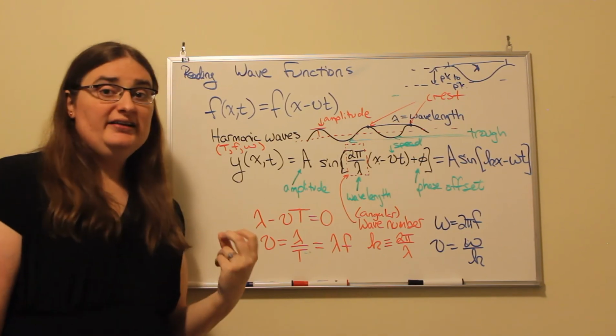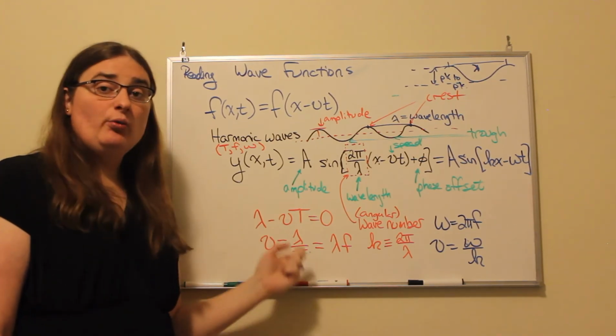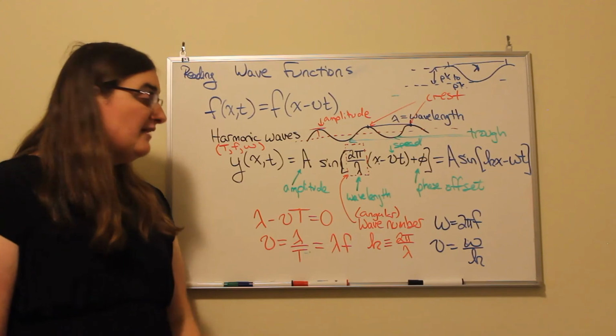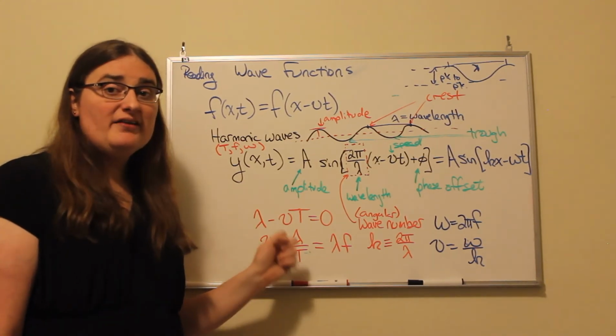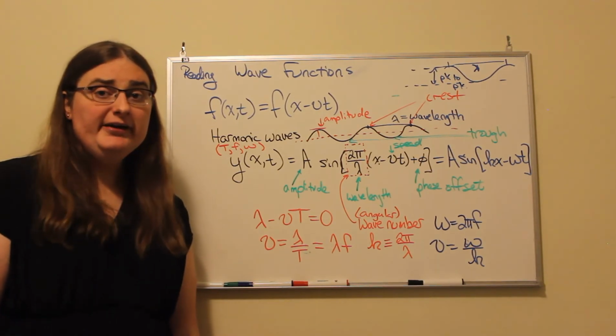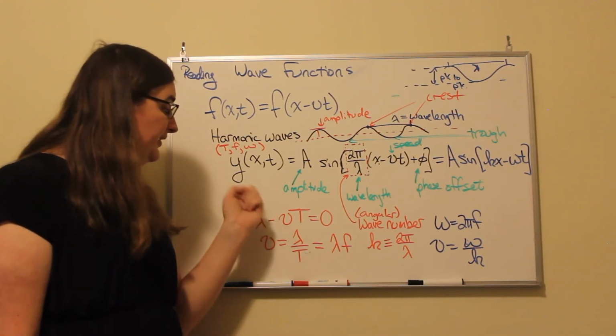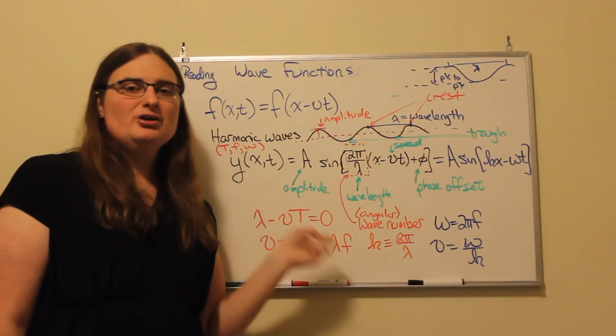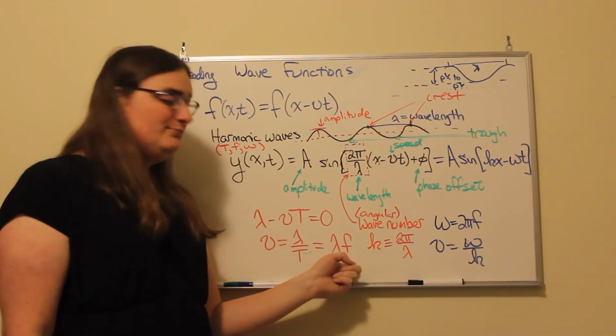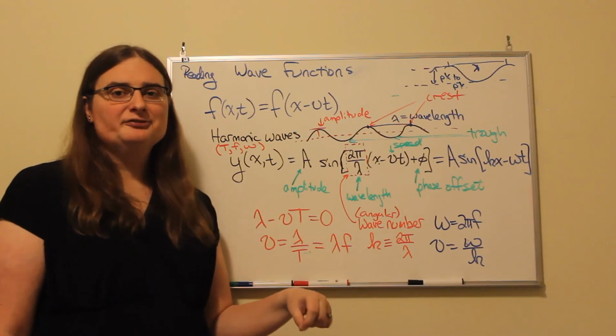So the wavelength minus the speed of our wave times the period would have to equal 0. So for a wave then, the speed of a wave is the wavelength divided by the period, and since 1 over the period is my frequency f, the speed of a wave is also the wavelength times my frequency f.